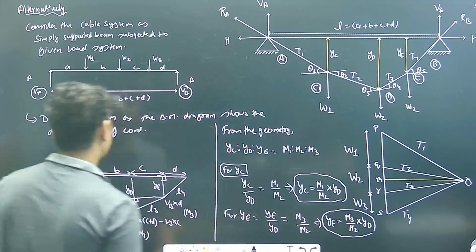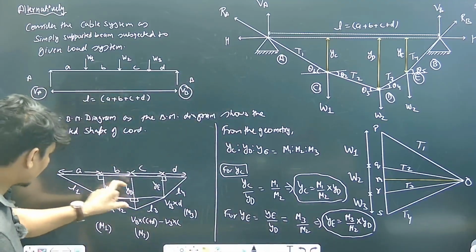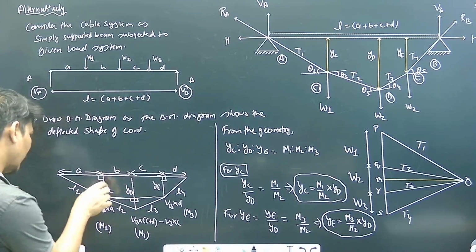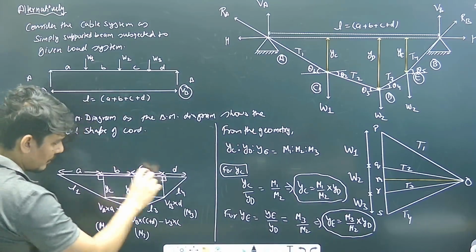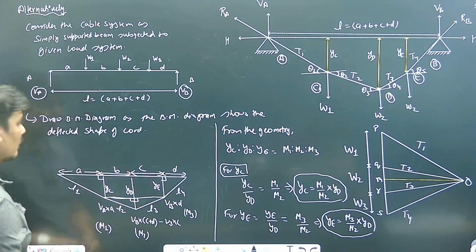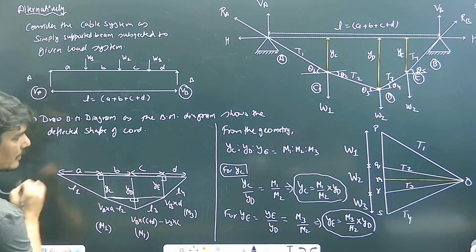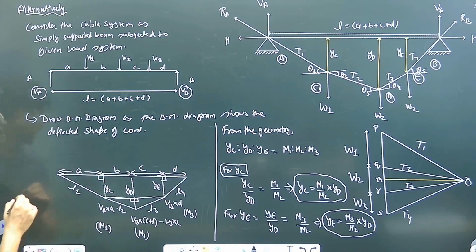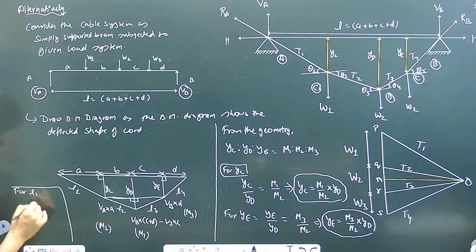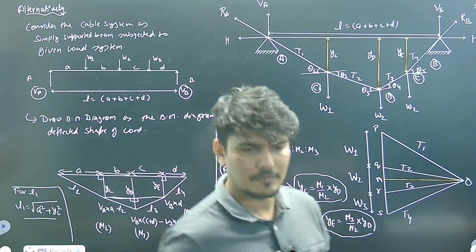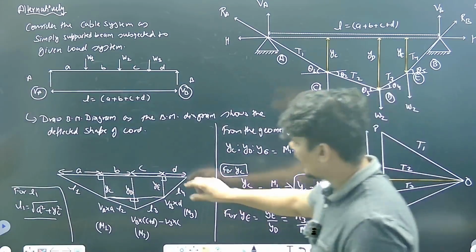Once you get the central dip, the central dip is already given, when you calculate dips at different levels YC, YE, right? So again, let me show how to calculate this L1. Can you see it here? For L1, L1 will be equal to, apply Pythagoras, square root of a square plus YC square. Similarly L2, L3, L4. This is the alternative method. So from here you are able to find out the dip as well.